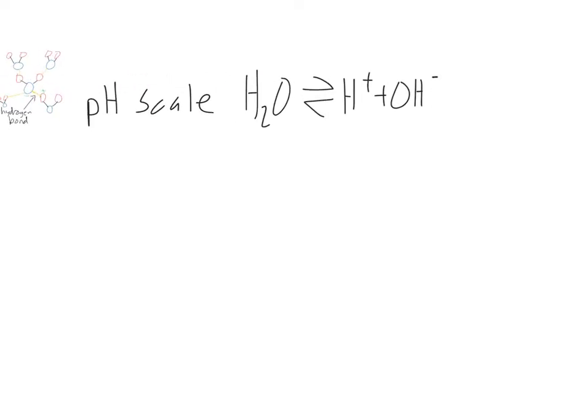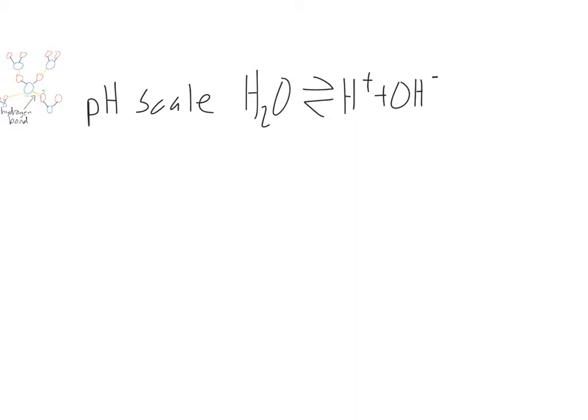Okay, it starts with our dissociation of water equation, meaning that a water molecule right here can break down into its 2 ions, a hydrogen, or sometimes, what's another name for that? Hydronium, or a hydroxide ion. And these 2 ions can just as easily go back and form water.